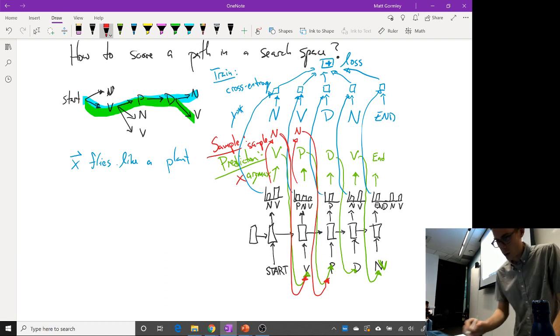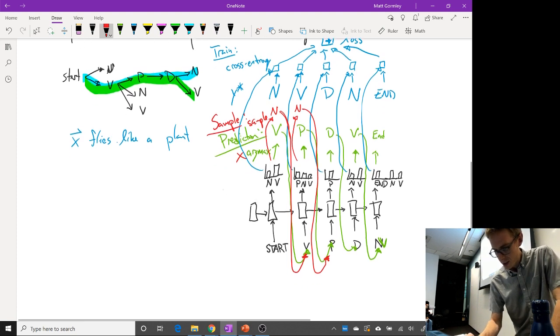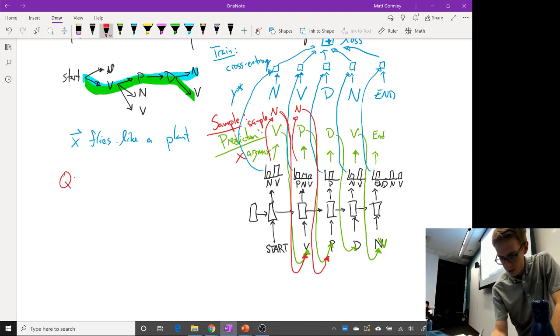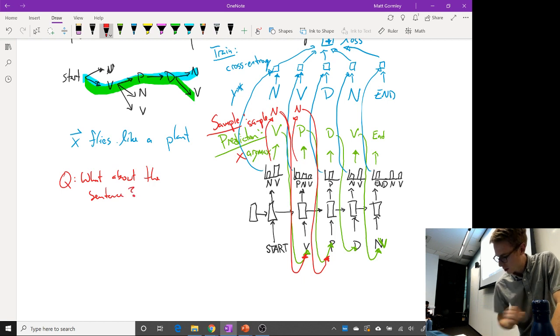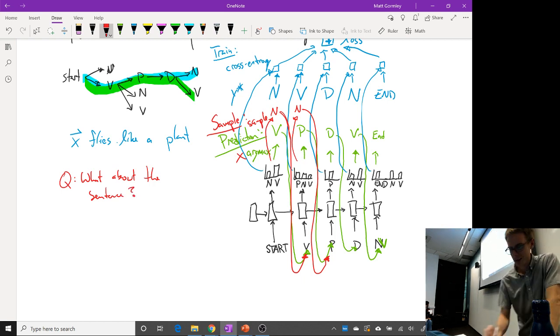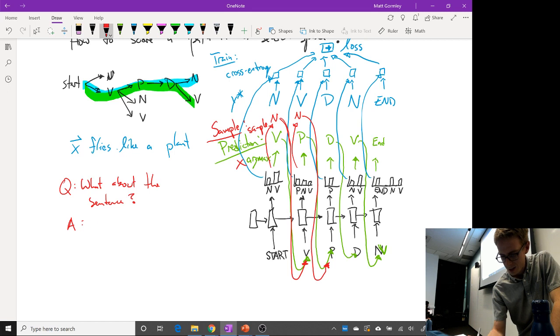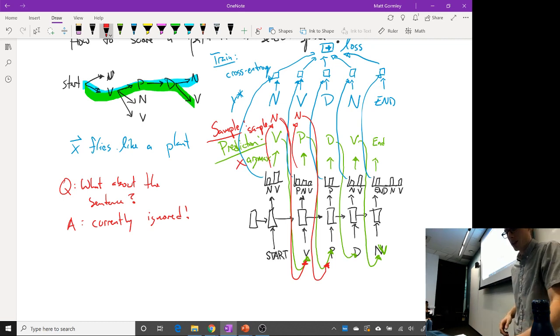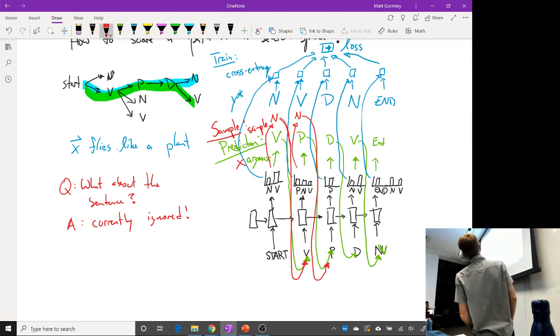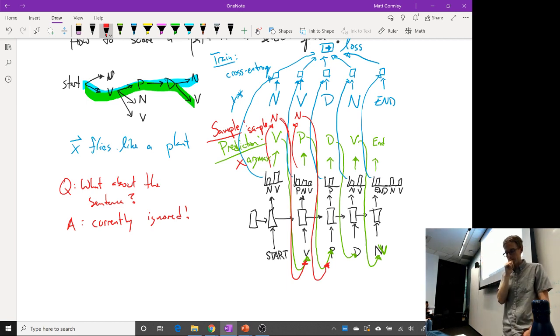So I guess the remaining question here is, what about the sentence? Well, unfortunately, it's currently ignored. That's not good, because what we want is a model that actually takes the sentence into account.